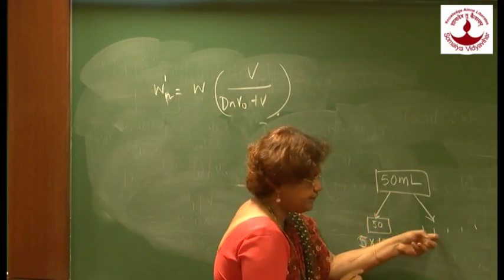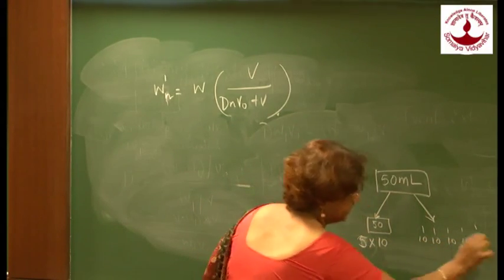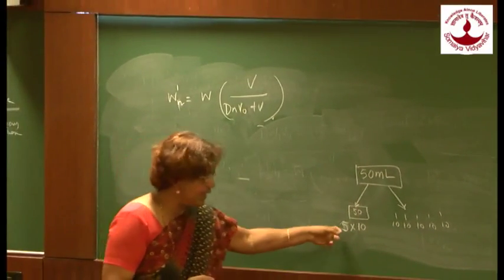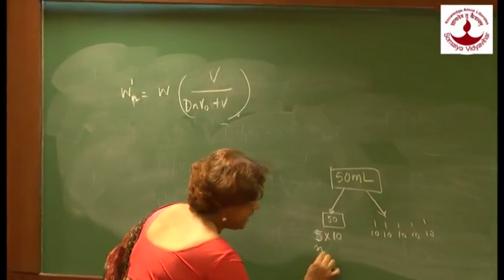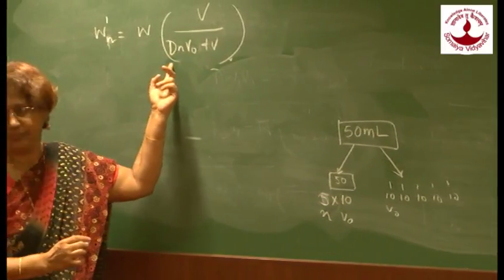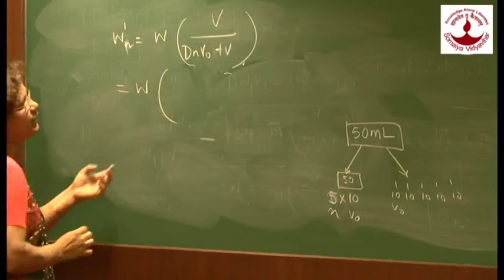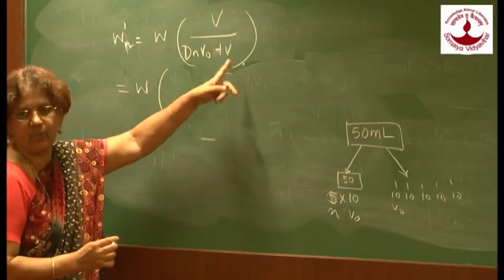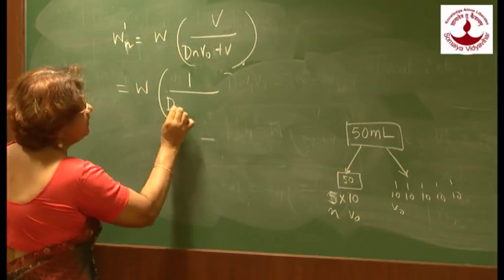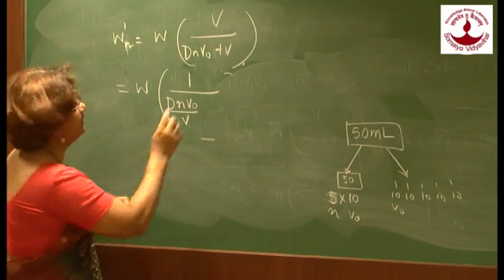I am going to use 10 ml in each extraction. So how many times am I going to perform the extraction? 5 times. Here only 1 time. So this is N and this is VO. Since this is the VO, therefore we have written the formula with N. Alright. So W. Now what we do? We divide the numerator and denominator by V. So when you do it, 1 upon D N VO by V plus 1.